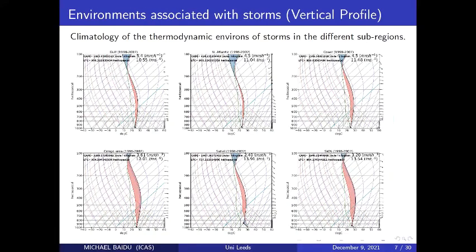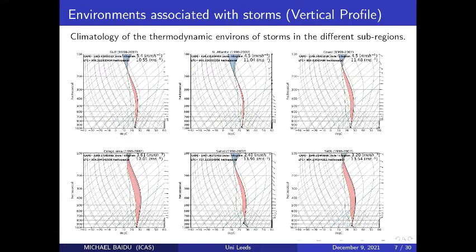Okay, so the first thing that I show here is the climatology of the vertical profile along the storm. Basically, for each of the regions that we are studying, the Gulf, North Atlantic coast, Congo, Sahel, and Southern West Africa, we create composites of all the storms.